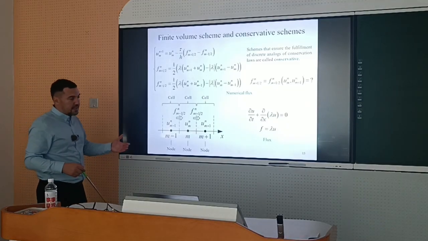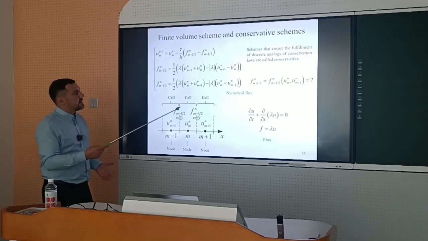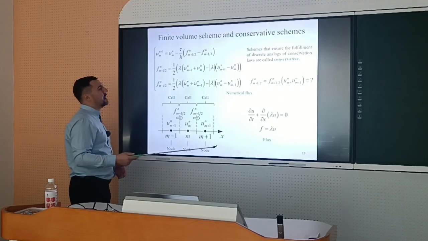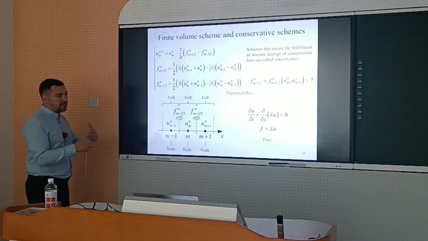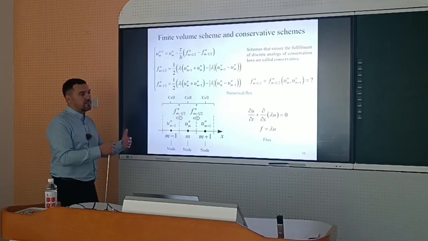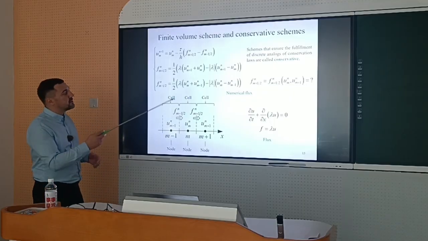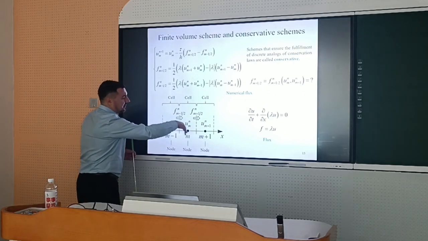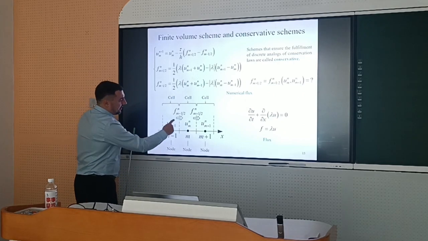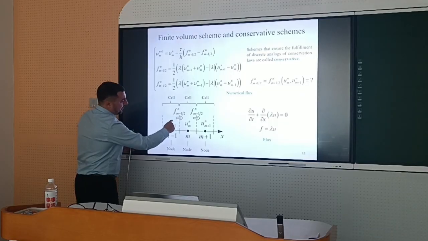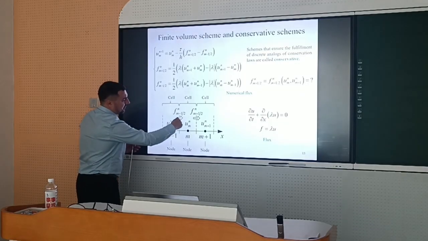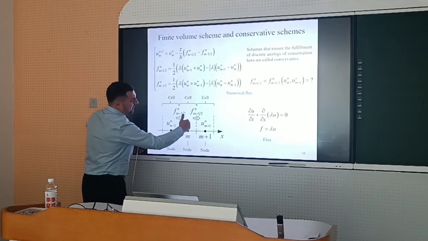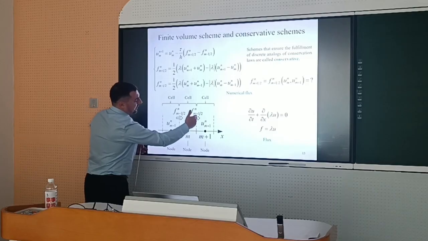Why do we discuss these finite volume schemes? Schemes that ensure the fulfillment of discrete analogs of conservation laws are called conservative. So the most favorable property of this finite volume scheme is that it's conservative. It means that if we summarize the changes of parameters in these cells for one time step, this numerical flux is the flux through the right boundary for this cell and through the left boundary for this one.